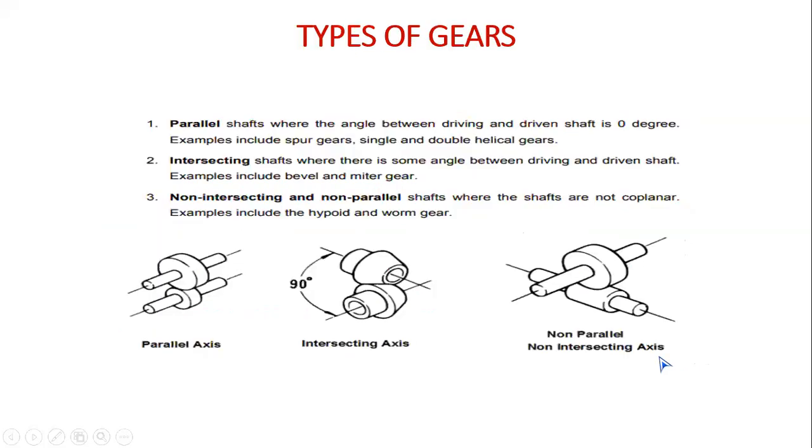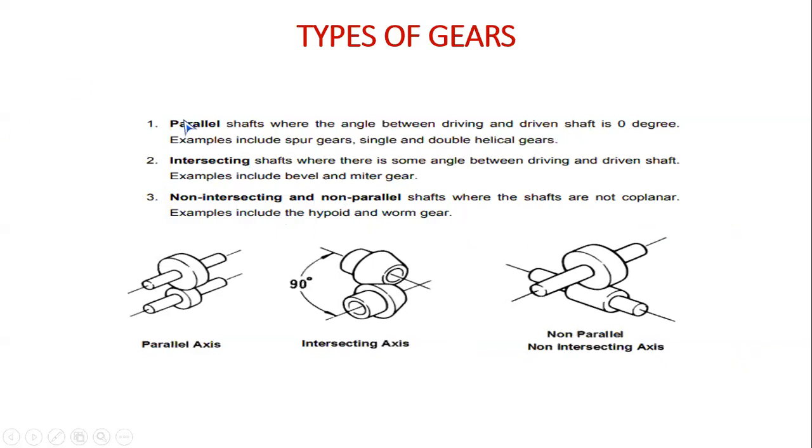Next, come to the point, the types of gears. See, where do you use the types of gears? You can use them in parallel axis applications. Sometimes you can use it for intersecting axis, where you can use helical gears or some other type of gears, and sometimes for non-intersecting, non-parallel axis.